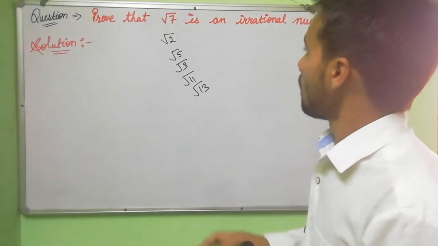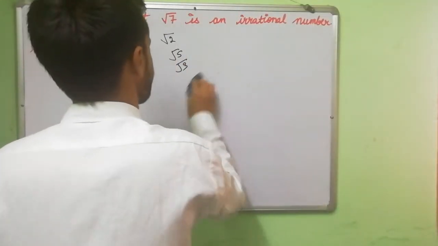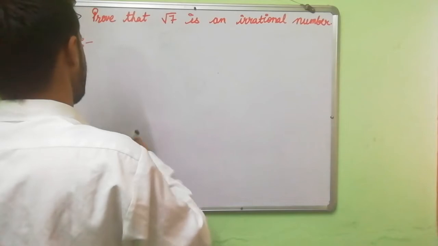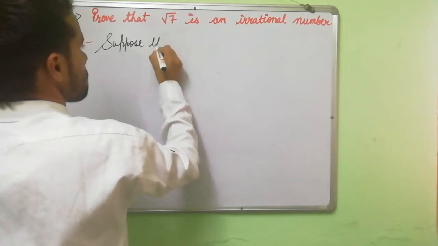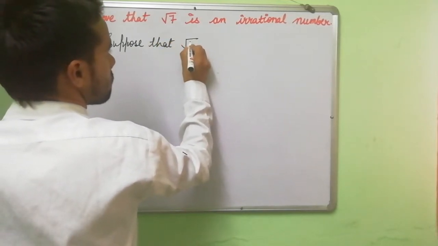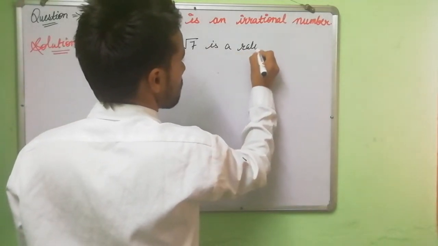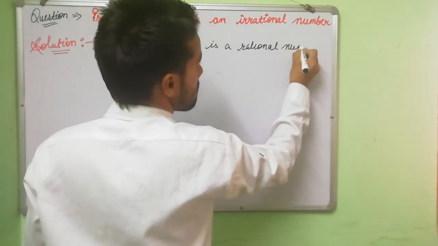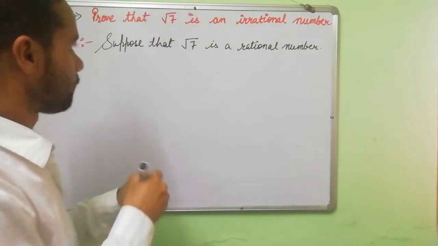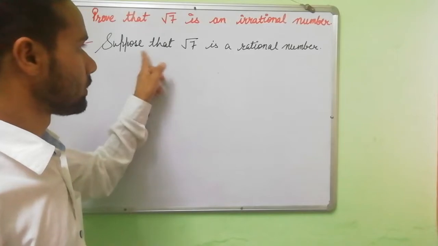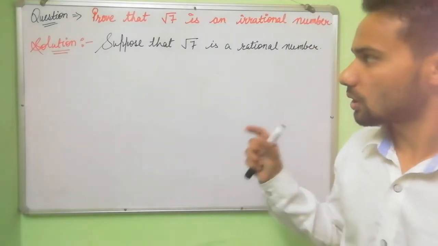Okay. Now after understanding the first line, I will write here: suppose that this number, square root of 7, is a rational number. Okay. Now after supposing this number is a rational number, here I use the contradiction method.